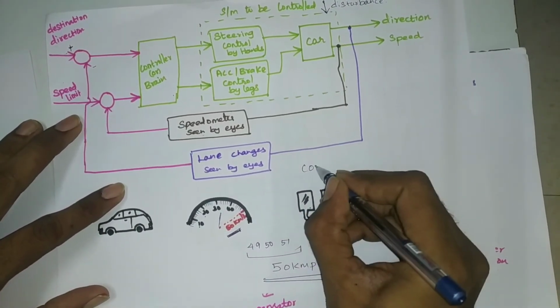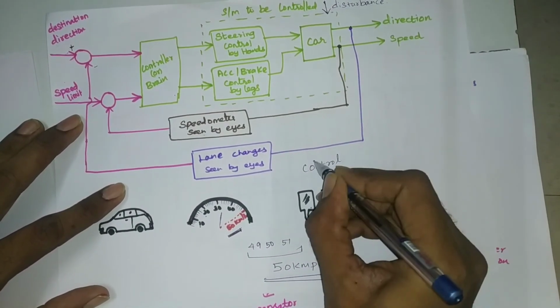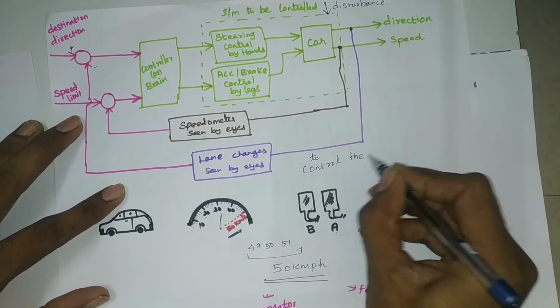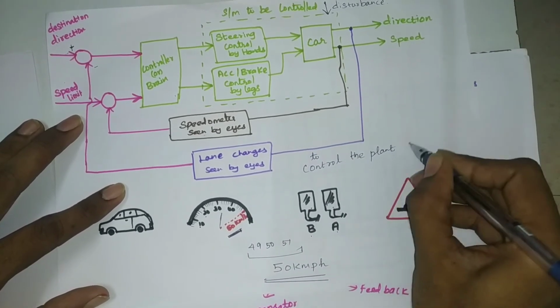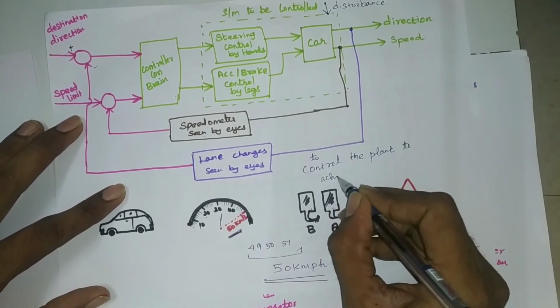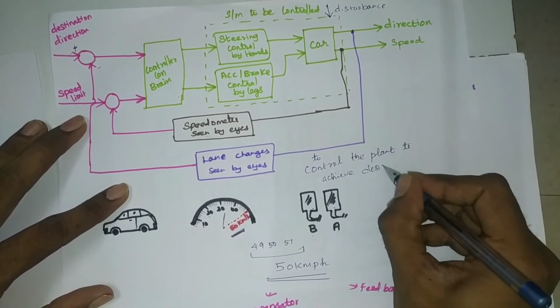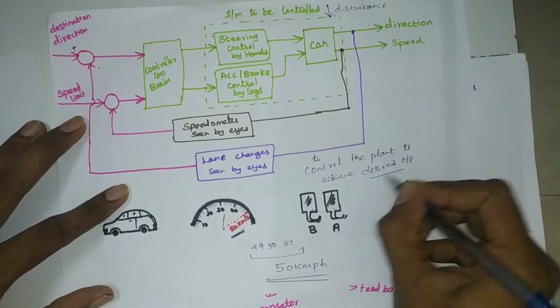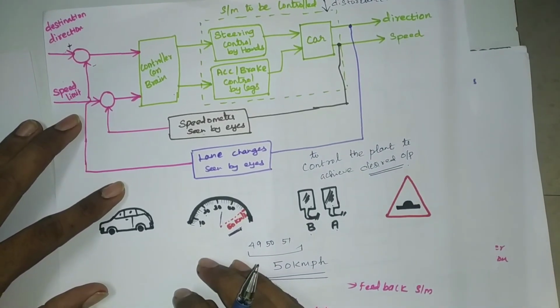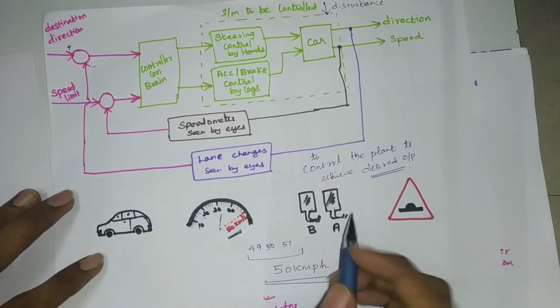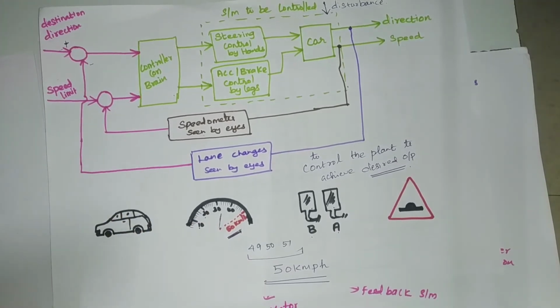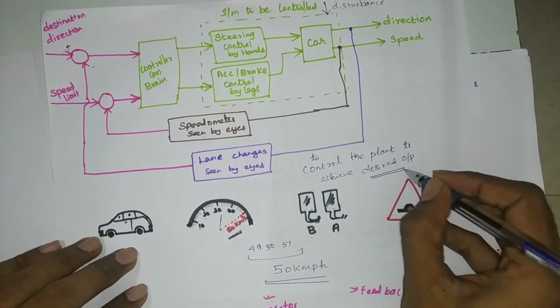So we can say that compensators control the plant to achieve the desired output. At normal condition, the compensator has to help the system reach the desired output.